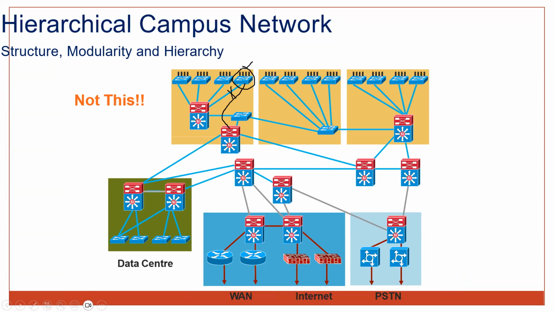And if this is down, then what will happen? All these hosts will go, because this is connected to a single switch, right? And if a single switch has a reboot issue or failure issue or anything, all these hosts will become offline. So this is a very, very bad design. Even if this distribution switch goes, all these devices will go offline, right? So that's a good design and a bad design.